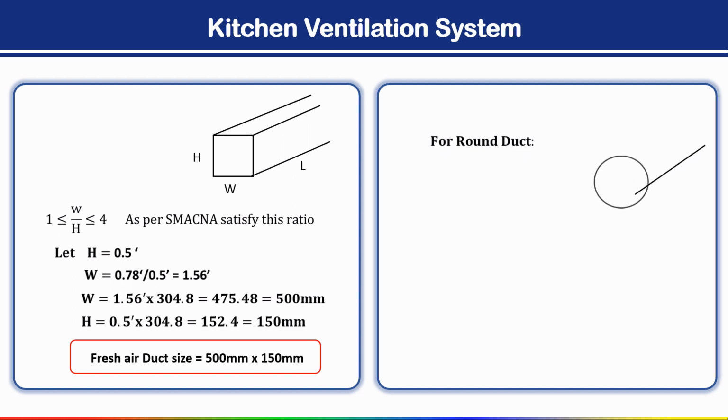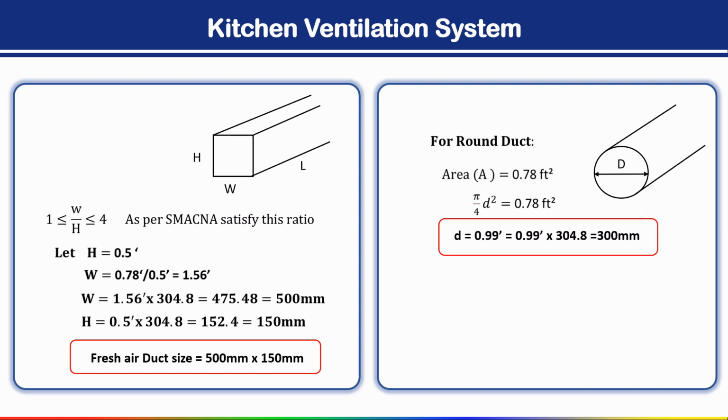Next, for a round duct, suppose you want to install a round duct, we have to calculate the diameter. Same way, the area we have calculated for the fresh air duct is 0.78 square feet, and area of a circle is pi by 4 d square. So finally you will get the diameter 300 mm.